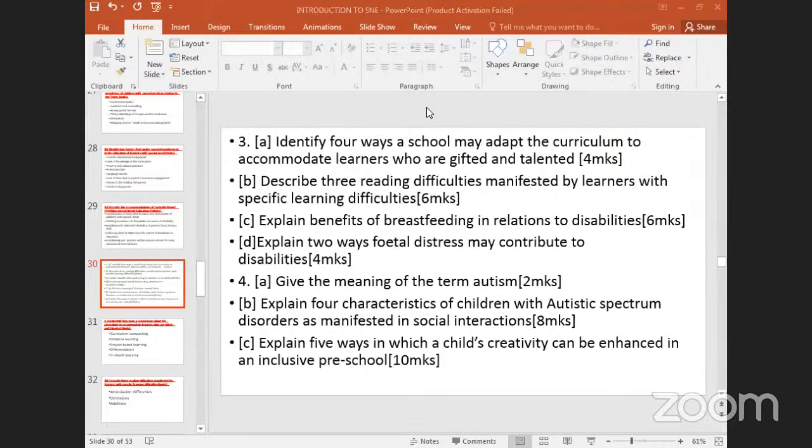When the baby is exposed to radiation, it can cause malformation of some parts, maybe the limbs, the arms. When the child is growing, that malformation may happen. That's why it may cause physical disability.